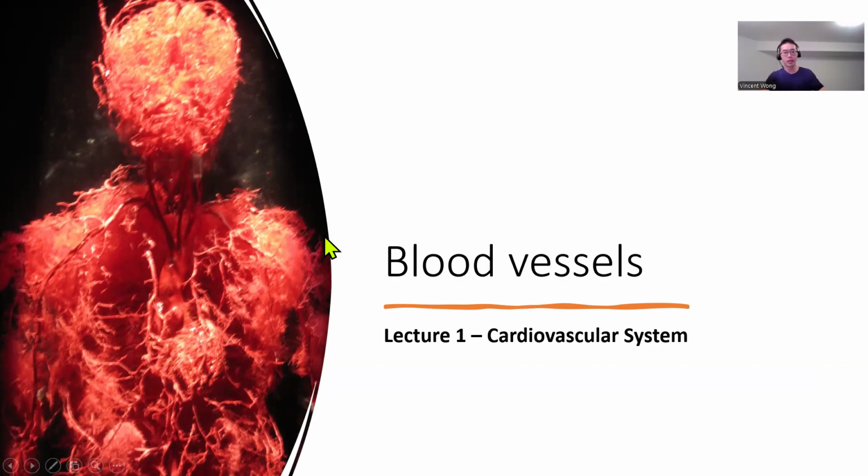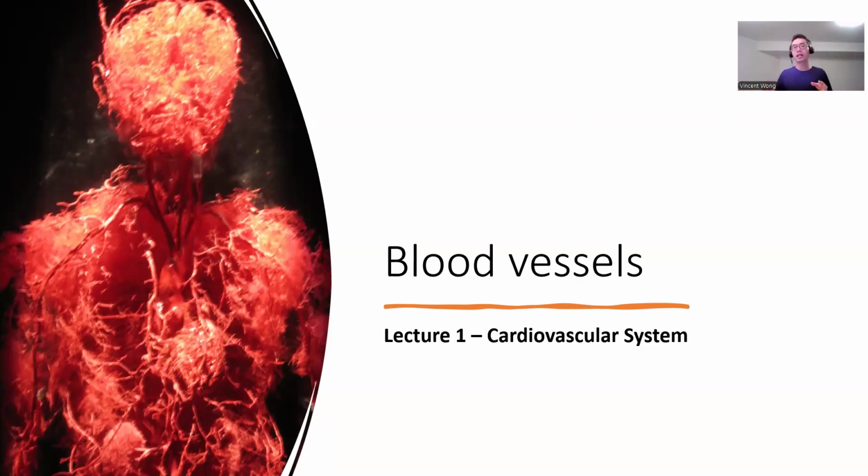Okay, next we are going to be talking about blood vessels. Right? This is real. It's what happens when you take away all the tissues and all the organs and you preserve the blood vessels, and you can see it's basically covering the entire body, right?